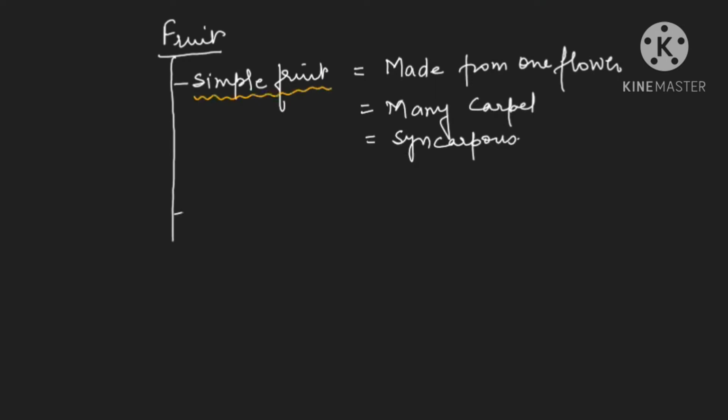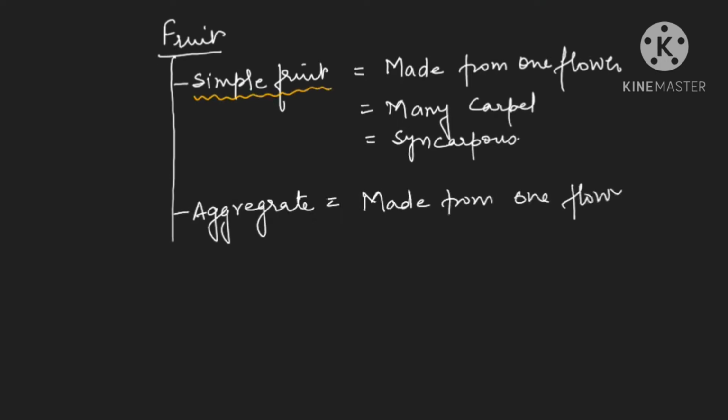But suppose the carpels do not go for fusion. They are made from one flower only, and there are many carpels, but the carpels are free, meaning apocarpous condition.